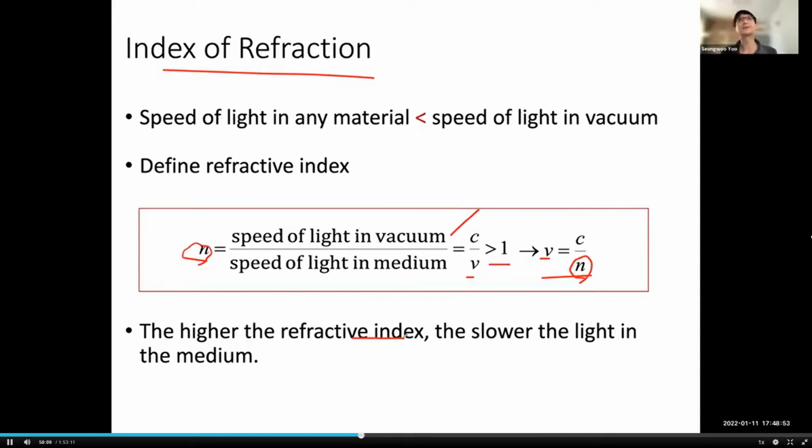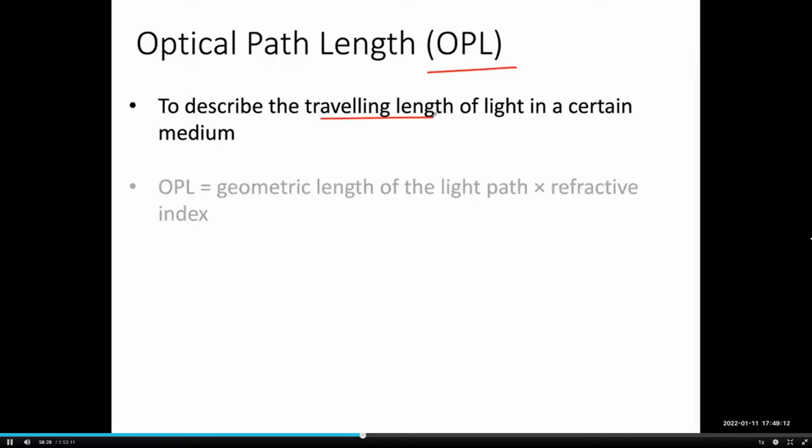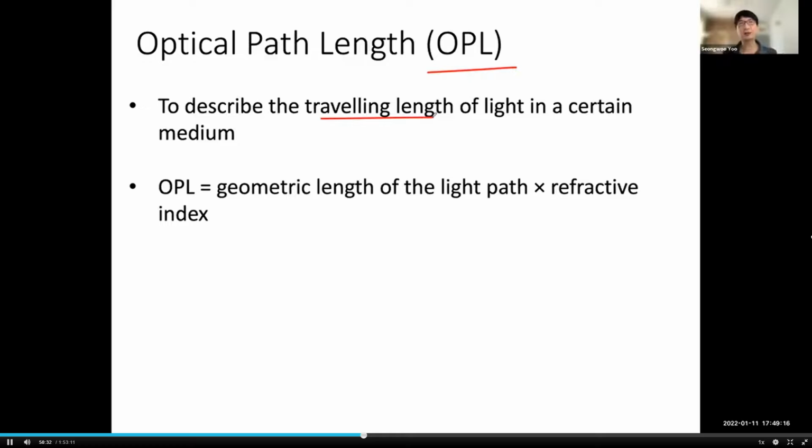All right. Now, I'd like to introduce an important concept which you will find very useful in the rest of the course. Okay, so this is called optical path length. Optical path length describes the traveling length of the light in a certain medium, and mathematically it is very easy to determine.